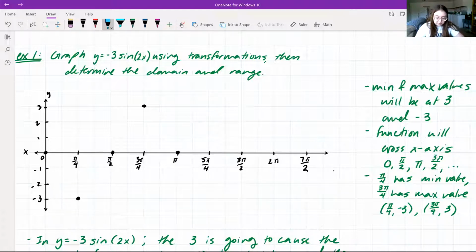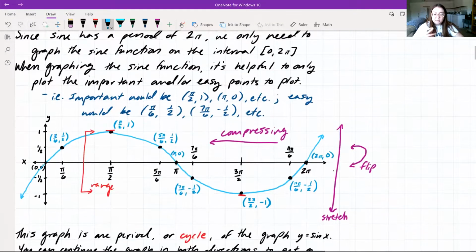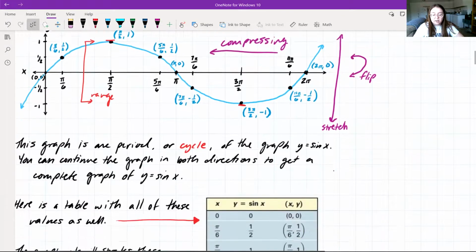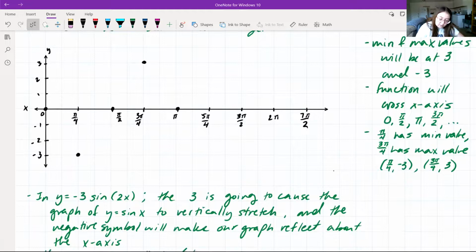Let's go ahead and use blue. And this is going to end up being in the way, so let's move that away. There we go. So now we can connect our dots, thinking about having the same or similar shape as our sine graph. So our shape here is going to look something like this.